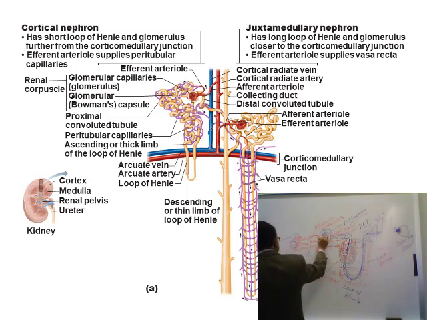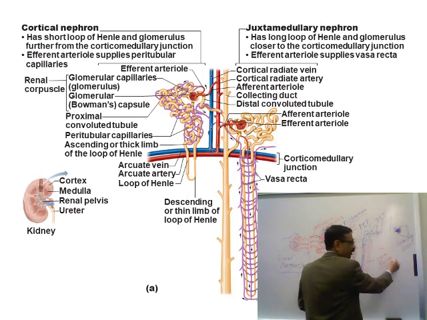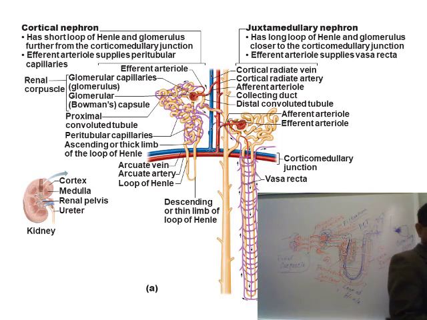So these are three sets or types of capillaries. One is the glomerulus. That's the ball or tuft of capillary where the filtration occurs. Another is around the short loop. That's the peritubular capillary. And the third one around the long loop, which looks like a ladder, is the vasa recta.